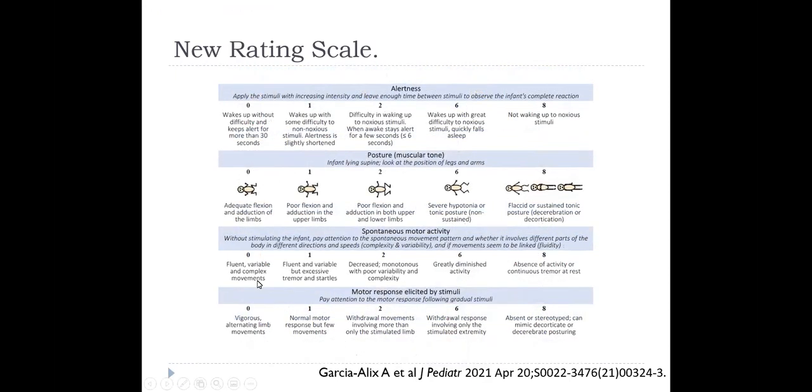Alfredo Garcia calls this rating scale asymmetric, but as you can see, the scores are 0, 1, 2, 6, and 8. What is the way to make the score? If you have a score of 0 to 8, it's a mild encephalopathy; 8 to 30, it's moderate; and 31 and greater, it's severe.